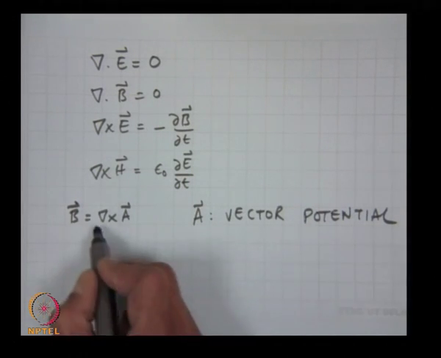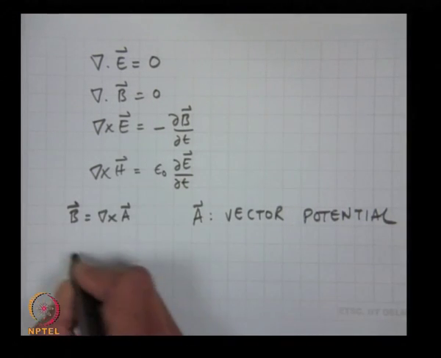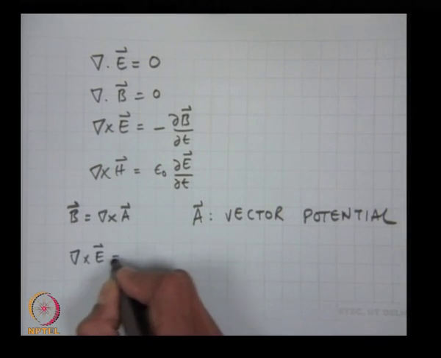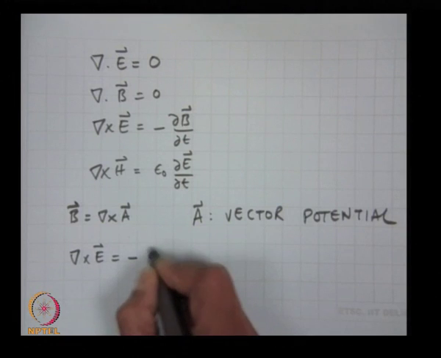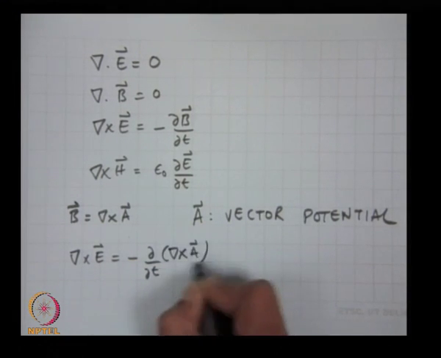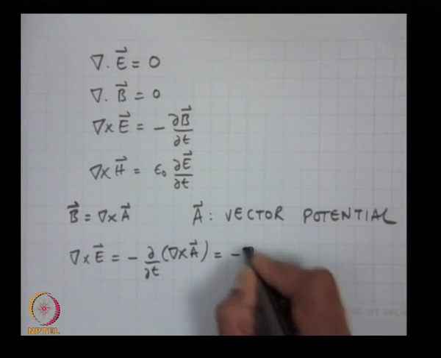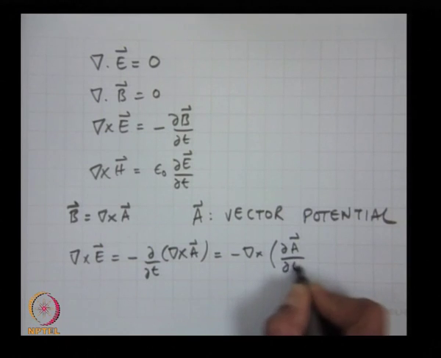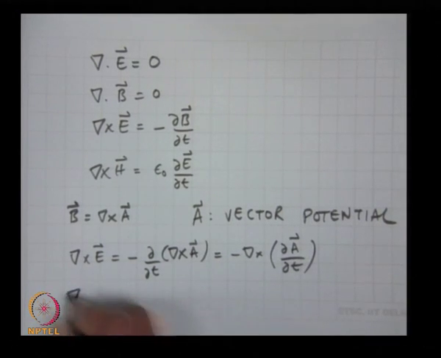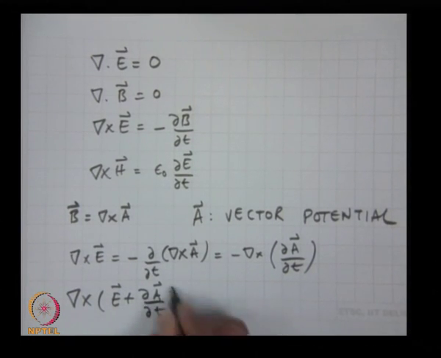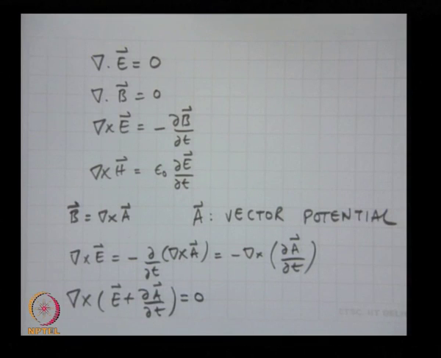So if I substitute this into the third equation, I get del cross E is equal to minus del by del t of del cross A, so del cross E plus del A by del t is equal to 0.